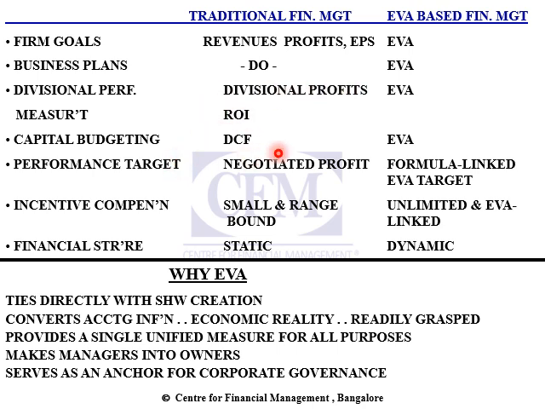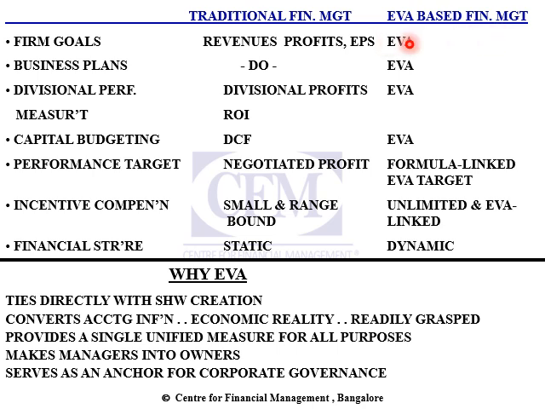Capital budgeting is done in terms of DCF analysis. Performance targets are based on negotiated profit targets. Incentive compensation is usually small and range bound. Financial structure remains static.